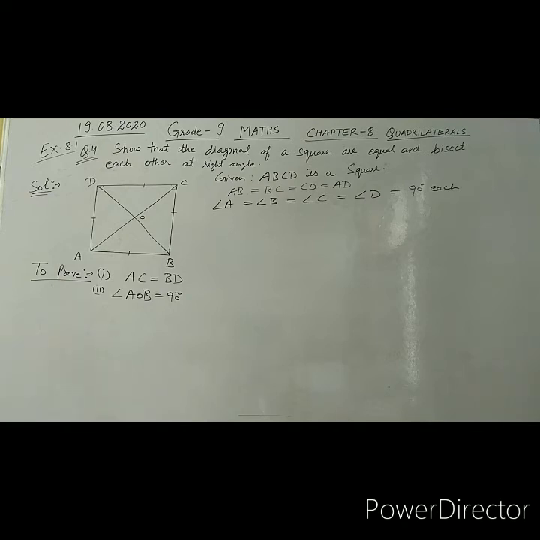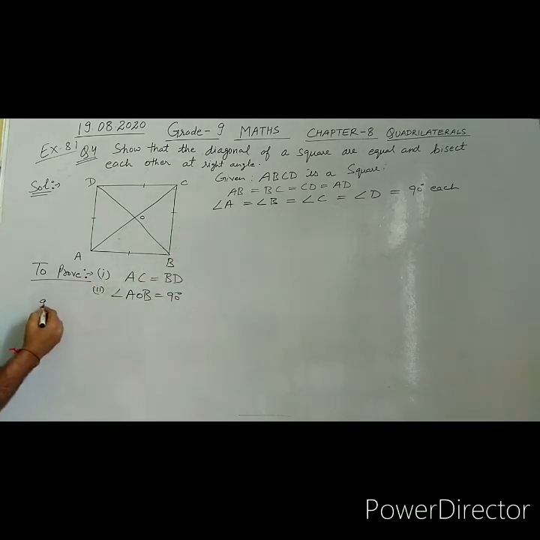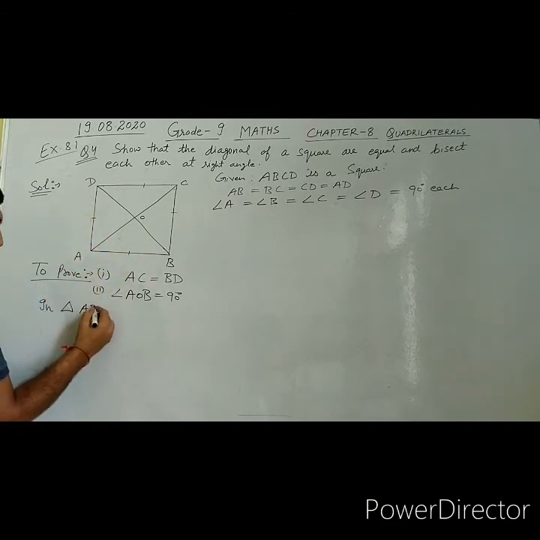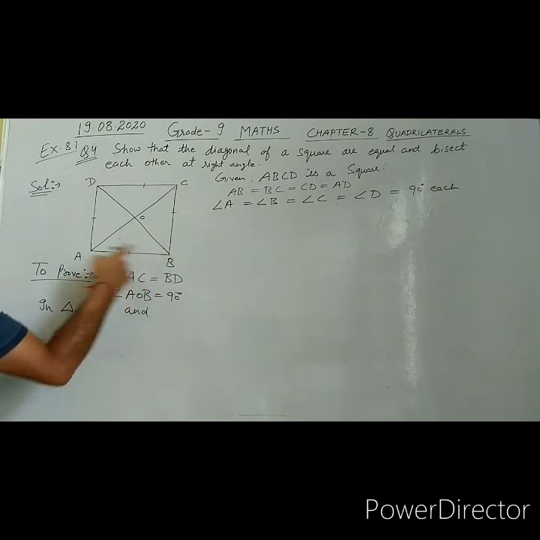So, the first one: how do we prove AC and BD are equal? We can take two triangles, to prove the first part. One is triangle ABD, and another triangle we can take is BAC.